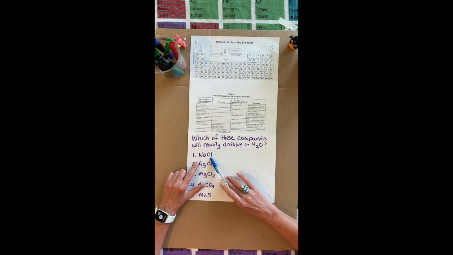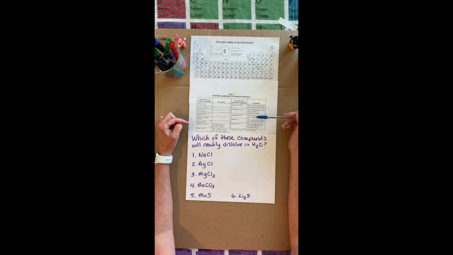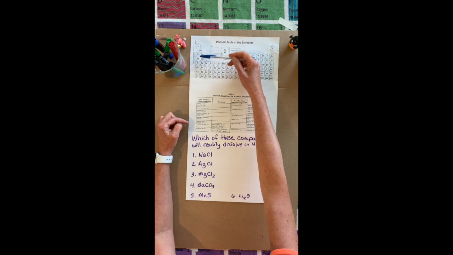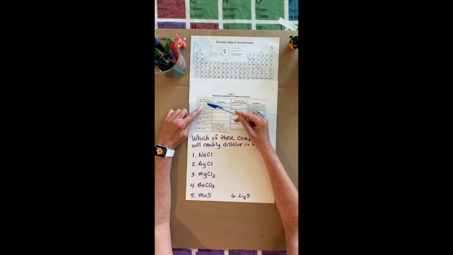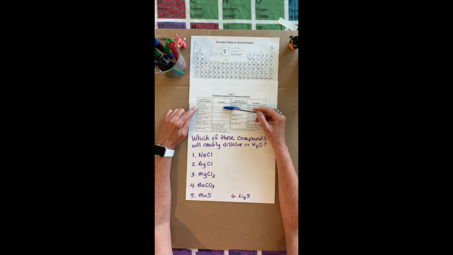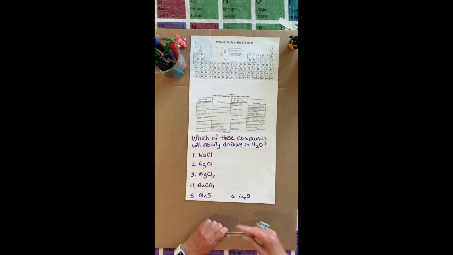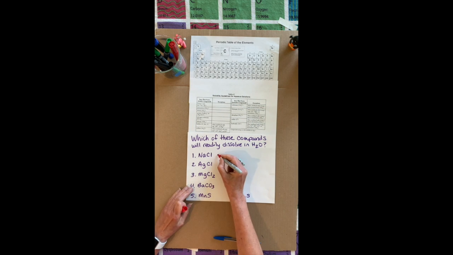We did this example yesterday. I think we all know that salt is soluble in water, but let's use table F to make sure of that. Well, sodium, it's a group 1 ion, listed right here. Group 1 ions are soluble in water with no exception. Done. This is soluble.